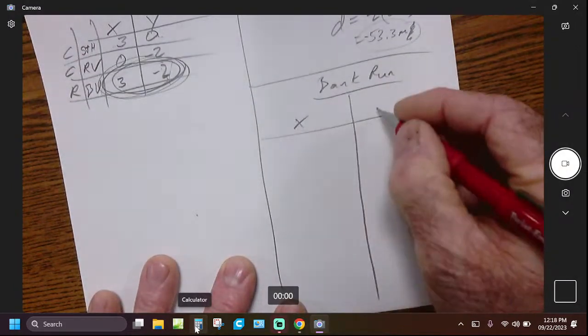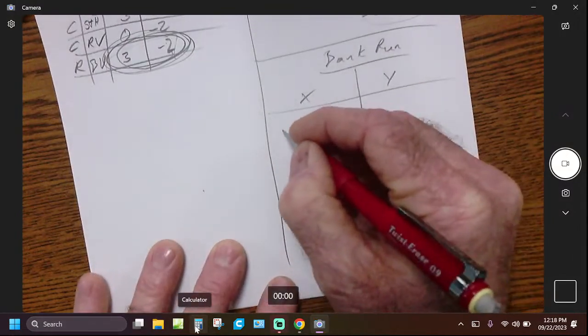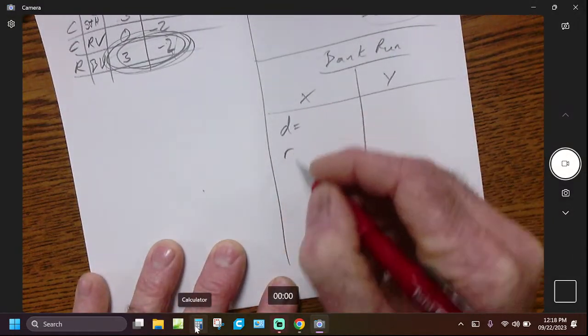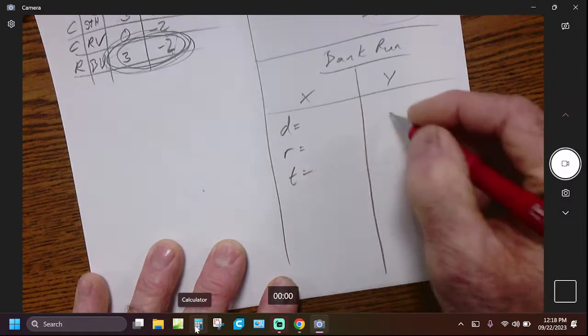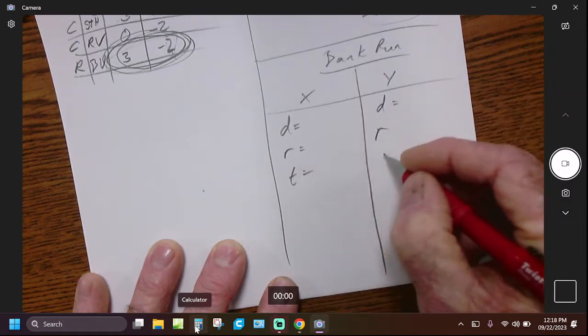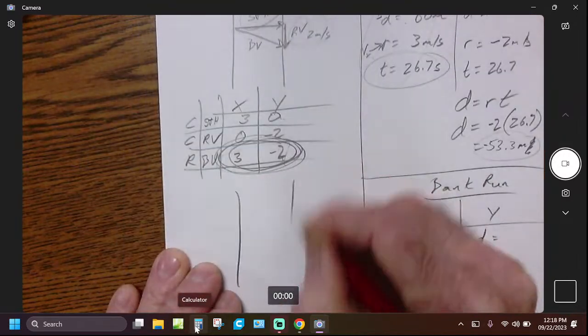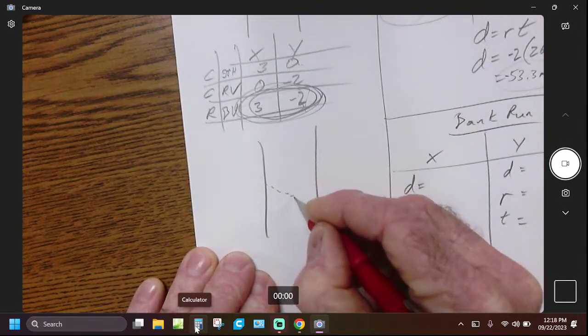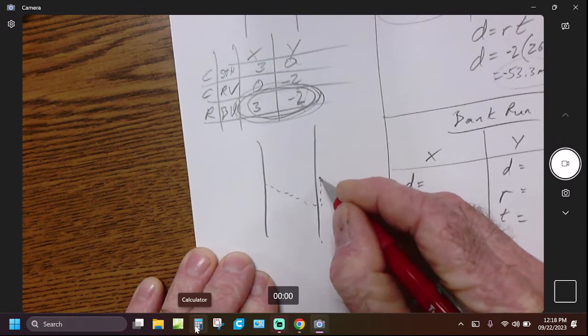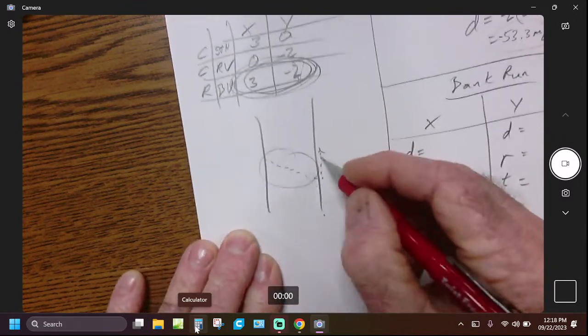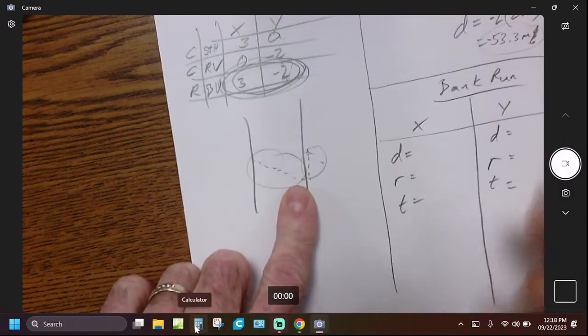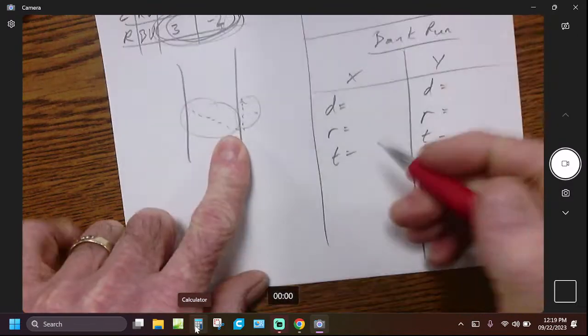So I'm going to do X dimension, Y dimension, and I'll do distance, rate, time, distance, rate, time. In my picture over here, here's what he's doing. He's going across here, and then he's going up there. So we just dealt with this interval. This is the interval now. And some of this is going to be really silly.